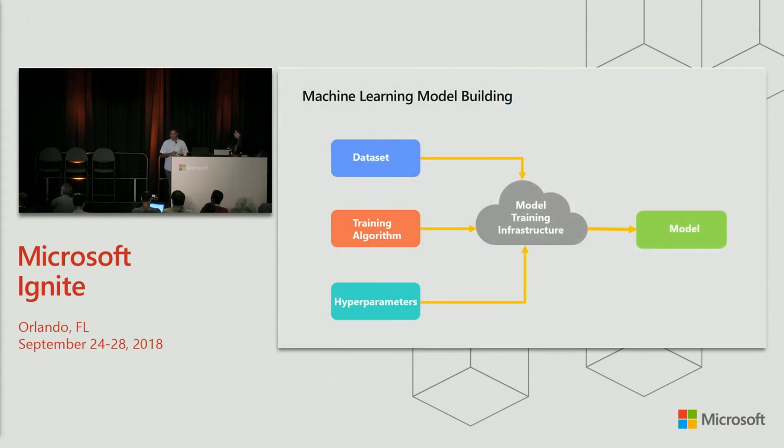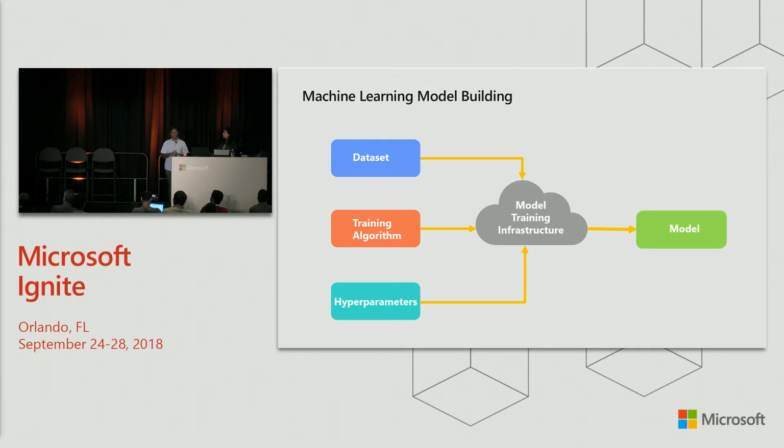What do you need to build a machine learning model, right? So you start with data. By the way, the better and higher quality data set that you have, the better the model is going to be. And you have a training algorithm. With these algorithms, you get several choices depending upon the type of machine learning problem.